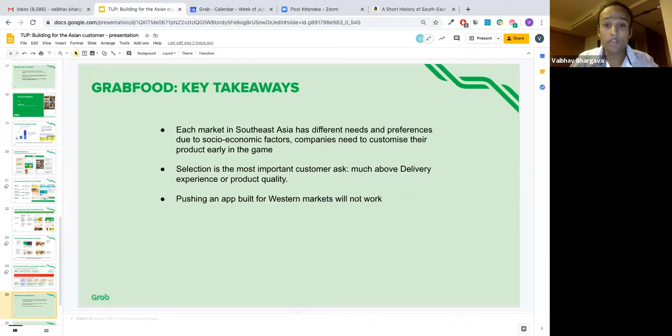By the way, I was not very involved in onboarding of merchants, but typically in these markets, and this is nothing to do with Grab or food delivery, a lot of times you actually go to the restaurants and just take a snapshot of their menu.